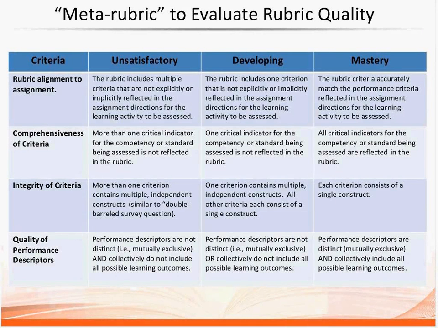It's a double-barreled performance descriptor. In this particular case, this probably won't cause a particular problem, which is why I have it built in here, because my belief is that if you're using this rubric to evaluate rubrics and you find a rubric that you determine is at that developing level, you're immediately going to know which of those barrels is missing, because you're going to make a note of what needs to be done to remedy that.